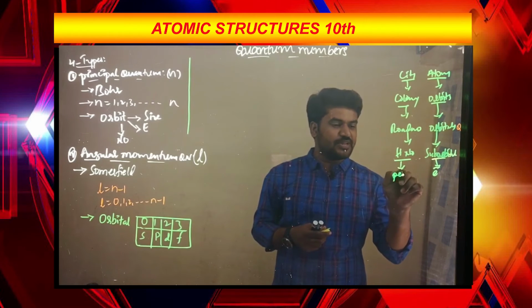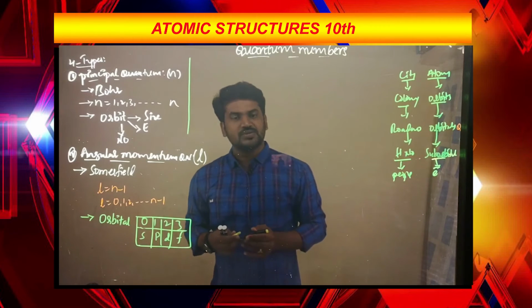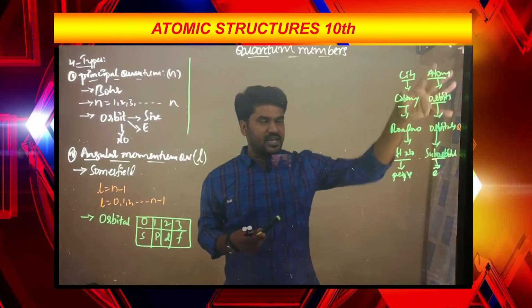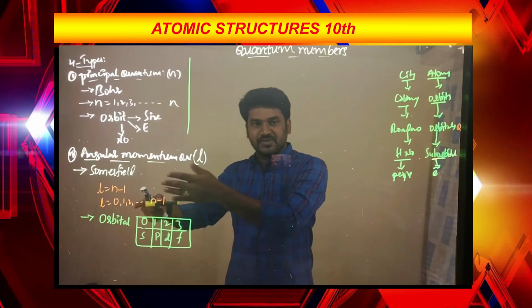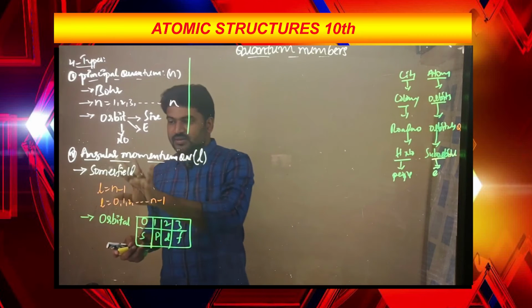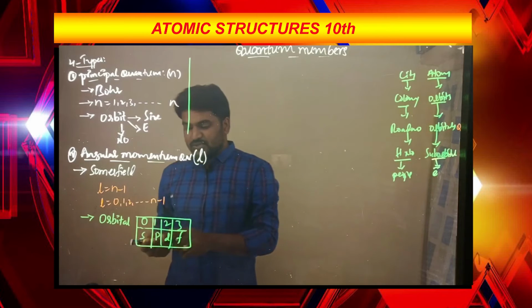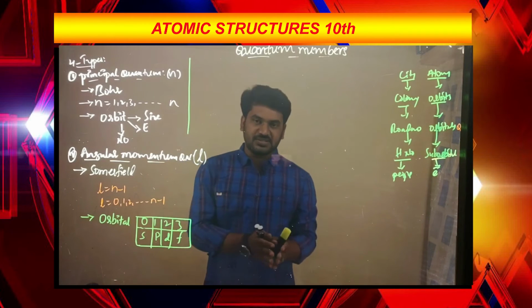That is how we can simply say electrons are there in atoms, but we need to give the address this way, which we will discuss. So the angular momentum quantum number gives the information about the orbital. The shapes of the s orbital, p orbital, d orbital and f orbital we will discuss.